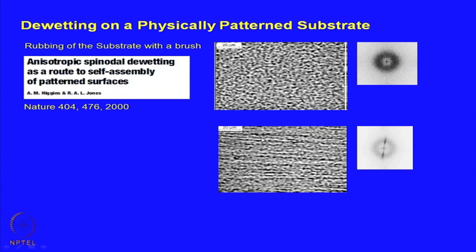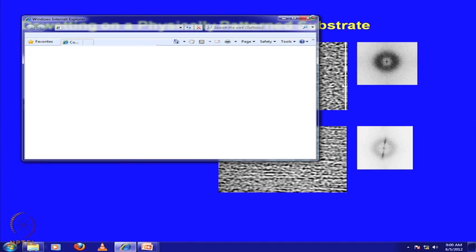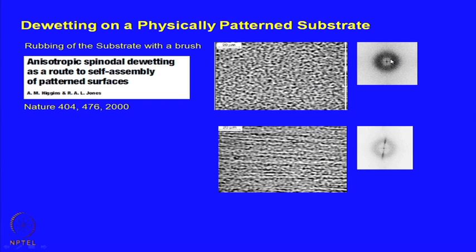So, that was the first time. You can see here the typical structures you would get from the early stages of spinodal dewetting on a flat surface. But instead of using a flat substrate, if you take a micro scratched or rubbed surface in a particular direction, you can see that the structures are highly aligned, and you can also verify the anisotropy of the surfaces from these FFTs, fast Fourier transform diagrams.